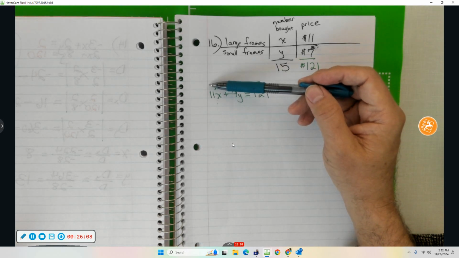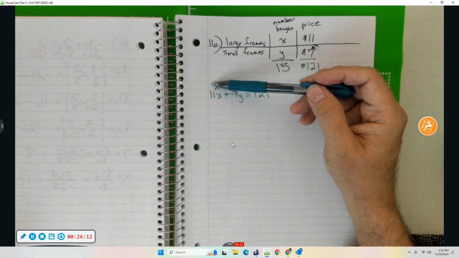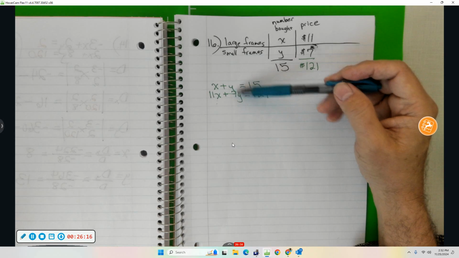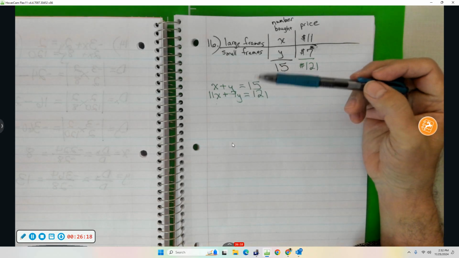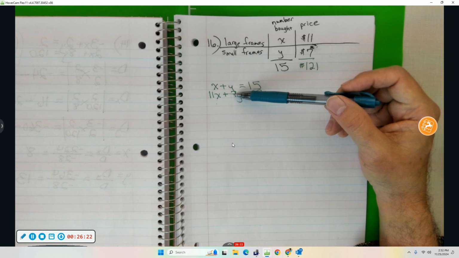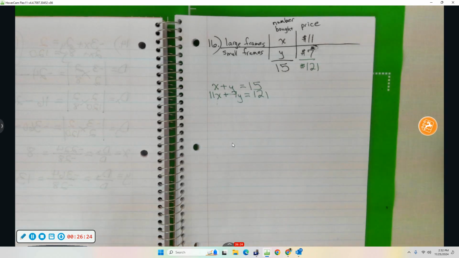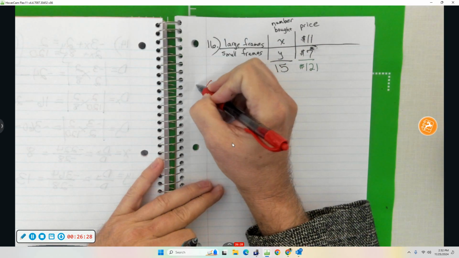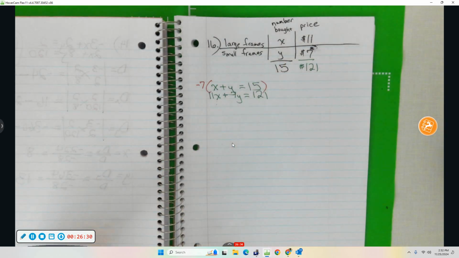We can multiply the top equation by negative 11 to get negative 11x. But I think I'm going to eliminate y. Why? Because I'll be multiplying by a negative 7 rather than a negative 11. Y'all follow my logic? I'm going to multiply through by a negative 7.